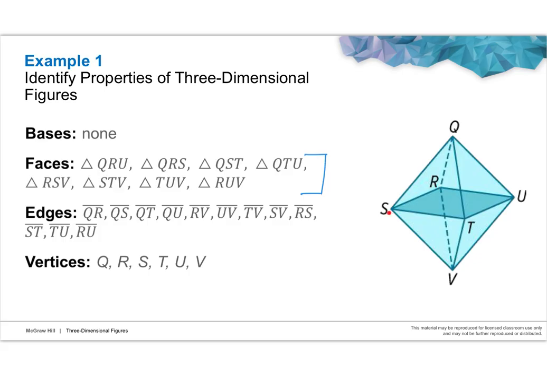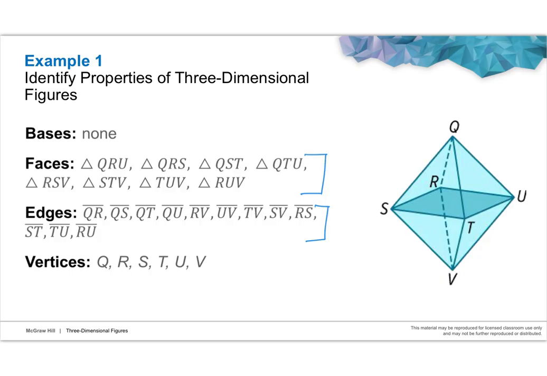So RS, ST, TU, and RU. And then our edges going to the bottom vertex. So SV, TV, UV, and RV. And remember, just like with our faces, which are triangle names, these edges can all have the segment letters reversed if you wish.